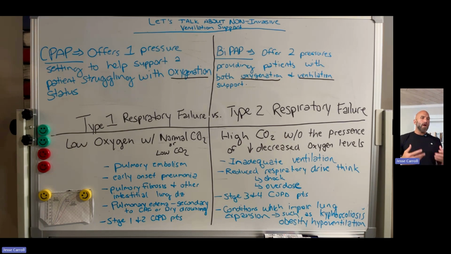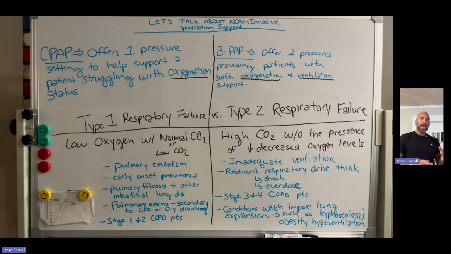And then your chronic lung patients, like your COPD patients, emphysema, chronic bronchitis, things of that nature, these are going to be your stage 1, stage 2 patients, even your asthmatics. These obstructive lung disease patients, you've got to catch them early on.